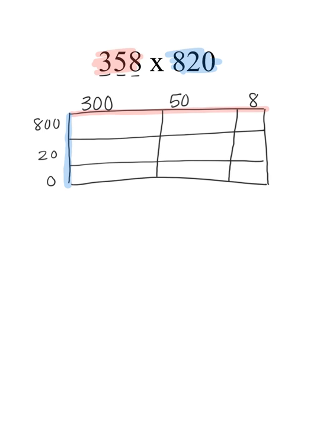Now I need to multiply to get the partial products that fill those boxes. So for this box highlighted in green, for example, I would multiply 800 times 300. And I know that I am going to take the leading numbers and multiply them, and then count the zeros. So 800 times 300 is 240,000.